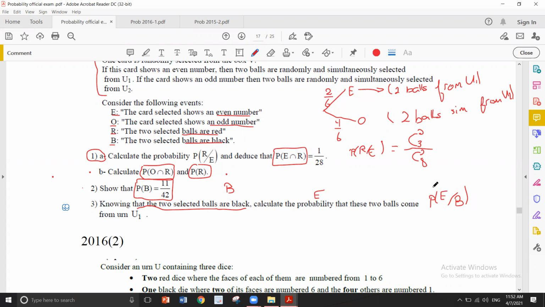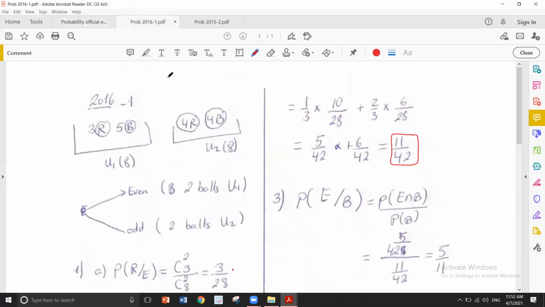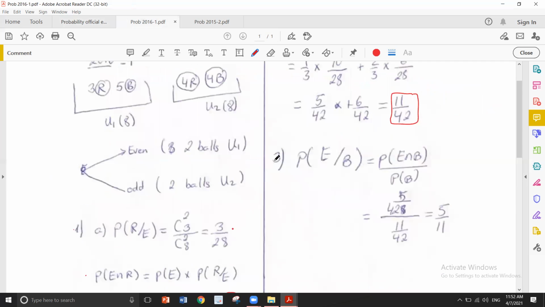The probability of E given B equals the probability of the intersection over the probability of B. It is equal to the probability of E intersection B over the probability of B.